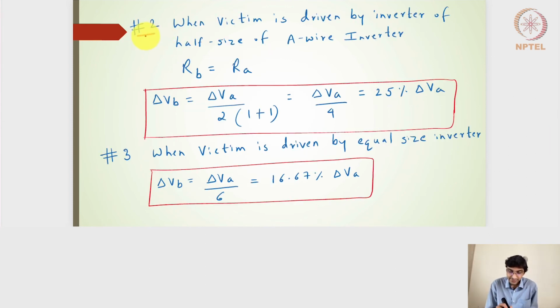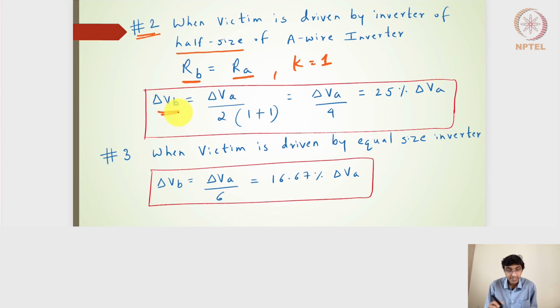Let's say the second case, when the victim is driven by an inverter that is half the size of the wire A's inverter. That means the resistance, with half the size, will be more than the resistance when it was of the same size. So RB should be equal to RA, and in that case the K value turns out to be 1, and I will have delta VA by 4.